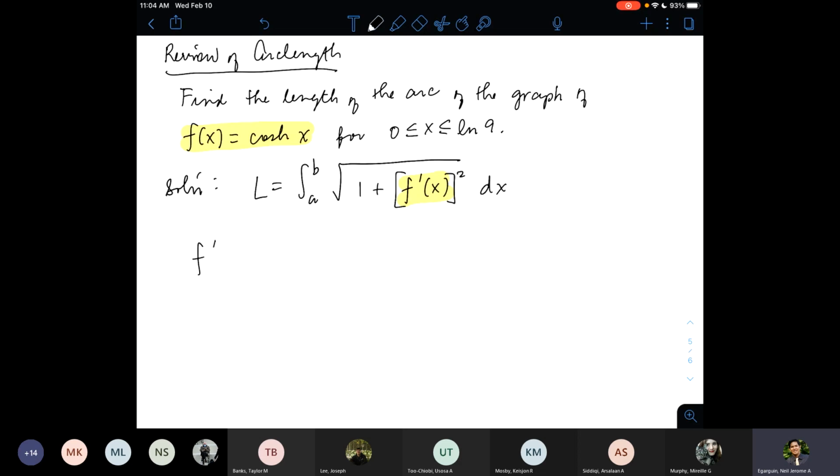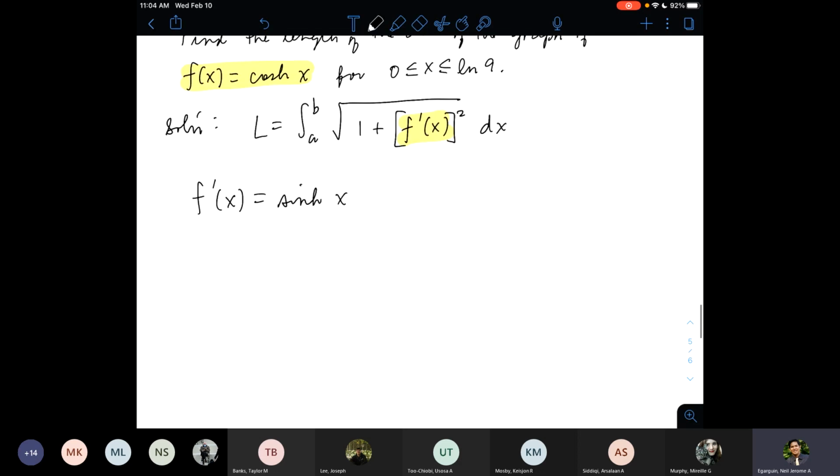So if we solve for the derivative first, the derivative of hyperbolic cosine is hyperbolic sine. That reminds us that you need to remember all those formulas from Cal 1 for derivatives and integrals.